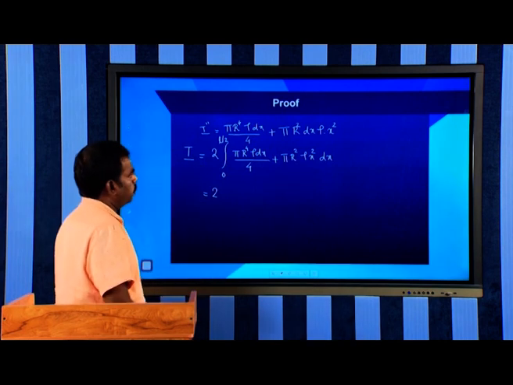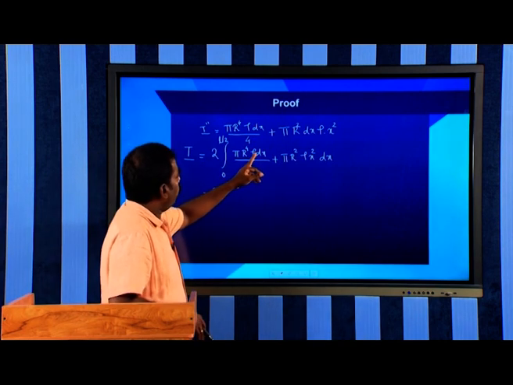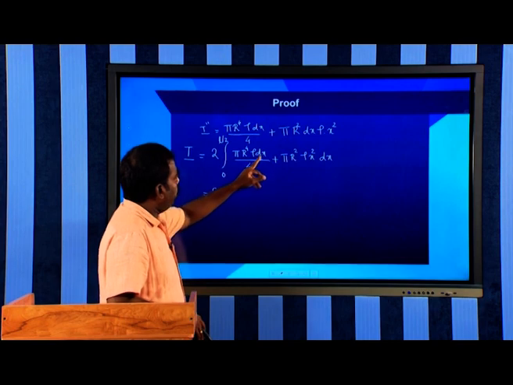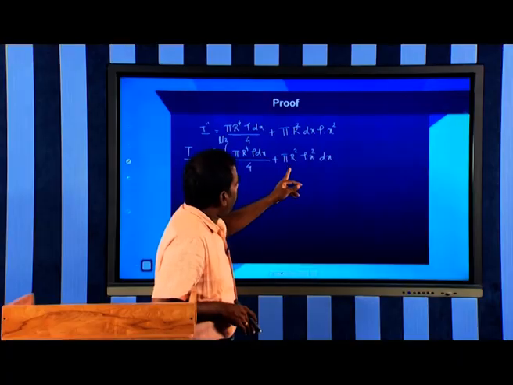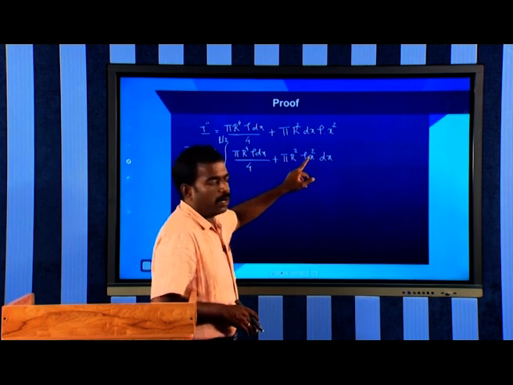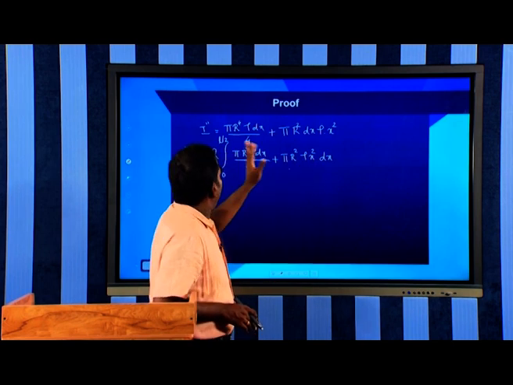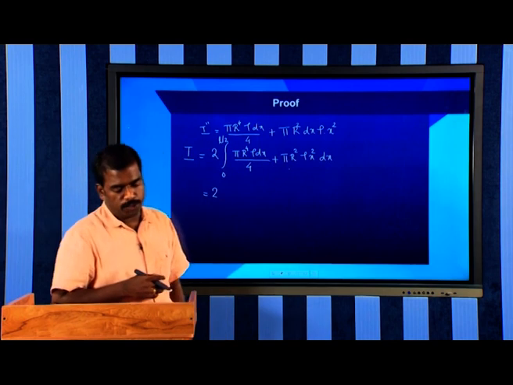You have to integrate this expression term by term. The first one is pi r raised to 4 rho by 4 into x within limit 0 to L by 2, and the second one is pi r square rho into x cube by 3 within limit 0 to L by 2.